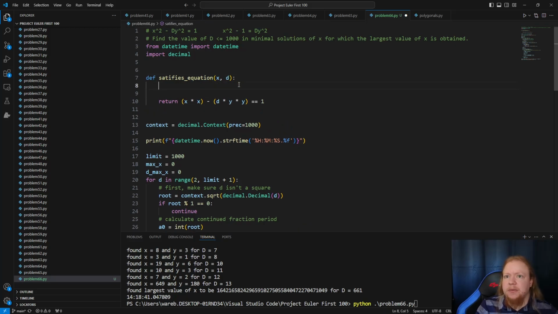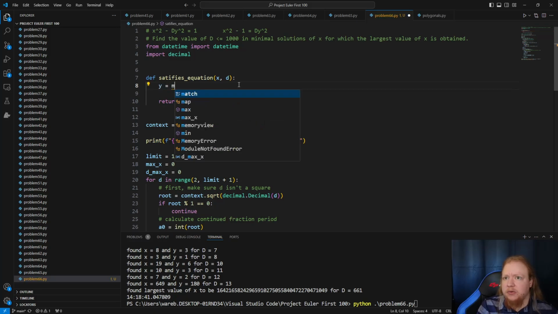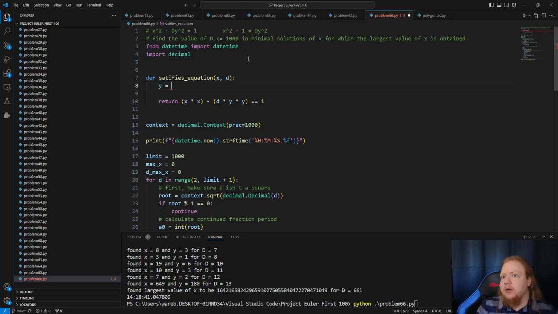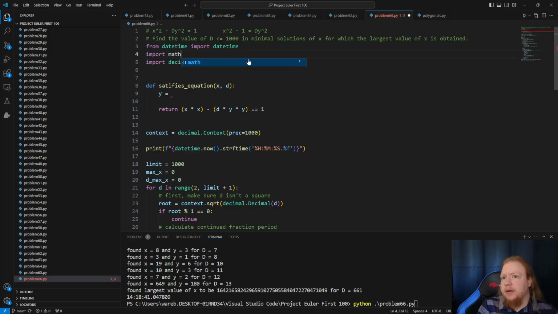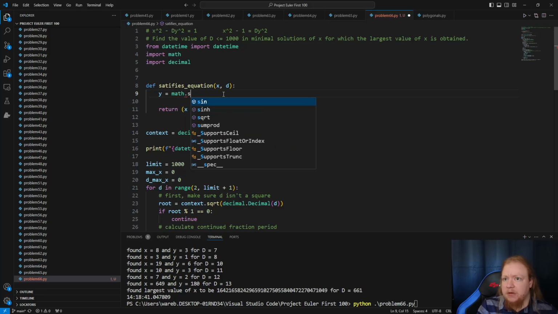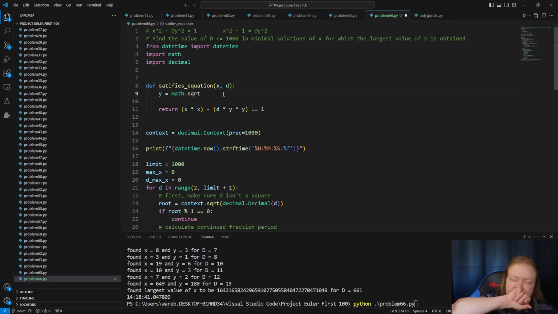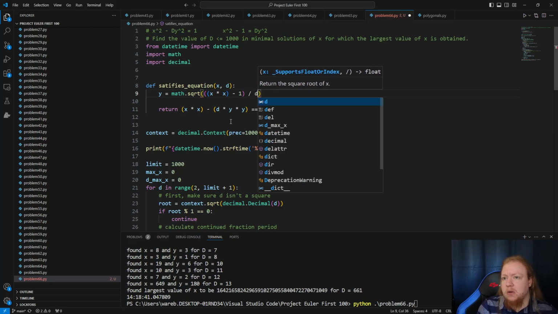And then here y is equal to, you can bring math back, math dot square root of x times x minus 1 all over d.